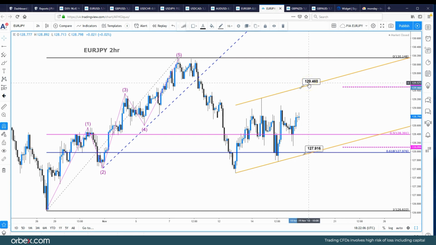And obviously, remember, this is a 2-hour chart, so as the price moves higher, this is going to move up and could potentially line up with this Fibonacci confluence, this bespoke resistance level, and make a confluence area, which would be quite attractive to selling into rallies. So the immediate bias would be to buy dips, but only up to around 129.50, where we would reevaluate euro yen for next week.